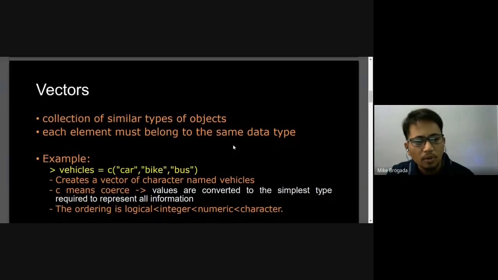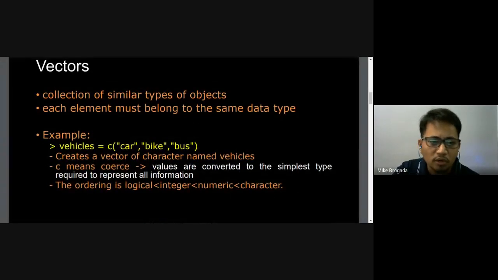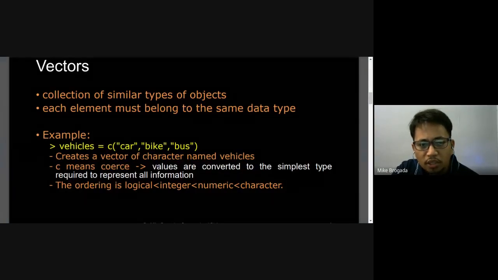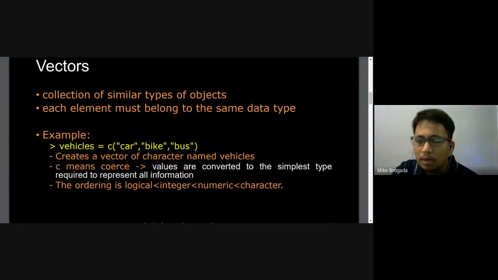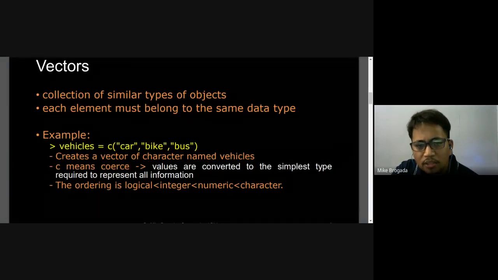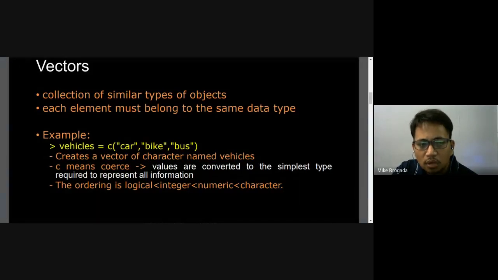So in the example in the slide, the vector name is vehicles. And the elements of the vector vehicles include car, bike, and bus. So you will notice that each element is enclosed with double quotation. That makes the elements characters. So car, bike, and bus are all character in terms of data type.